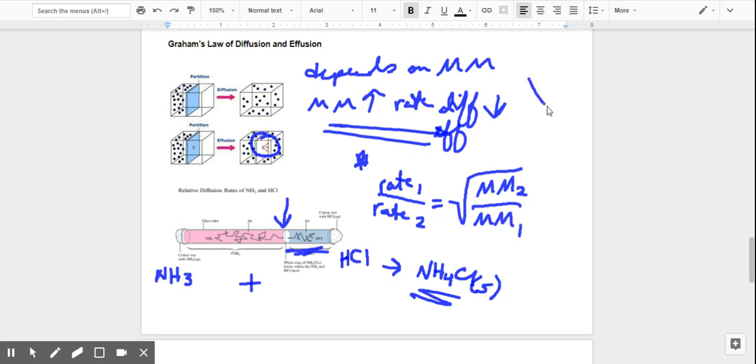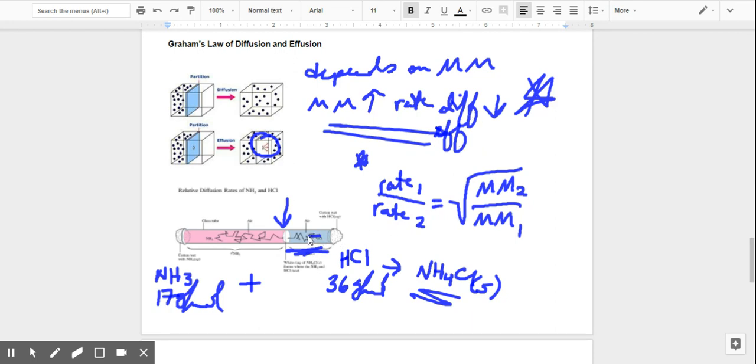Well, it all has to do with this idea here. The molar mass of HCl is around 36 grams per mole. The molar mass of NH3 is around 17 grams per mole. Ammonia has a smaller molar mass than HCl. So since the molar mass of HCl is greater, its rate of diffusion is smaller.